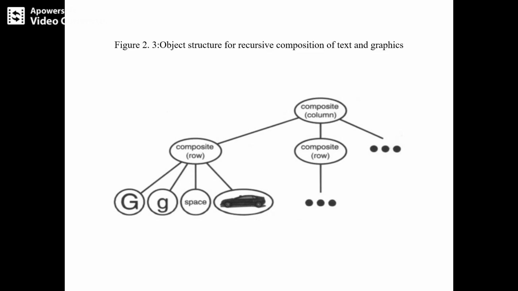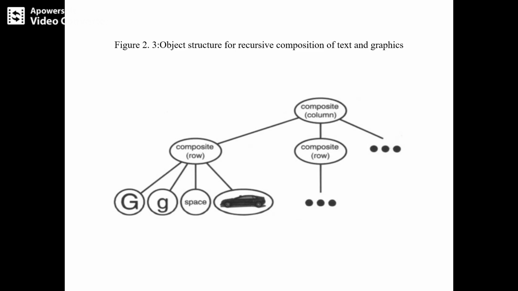In this composite column, the first part we have taken is a composite row, the first row entire. So the entire design application will be taken as an entire column, and in that we are taking the first row.